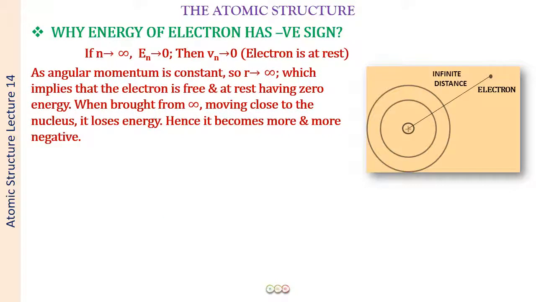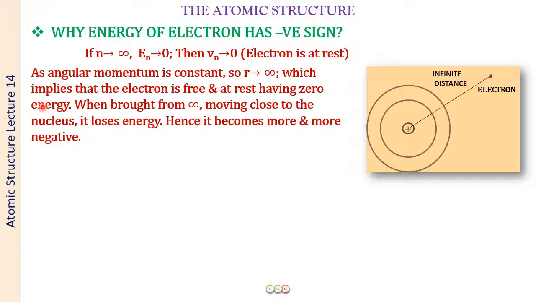But the angular momentum is constant, Bohr said that, right? So if v is approaching 0, then r must be approaching infinity. This also we can infer from here, that if an electron is at rest, the velocity is 0 and mvr is constant, so r must be approaching infinity. So what does this imply in total? That if an electron is free, it is at rest having zero energy, and it is at a far distance from the nucleus.